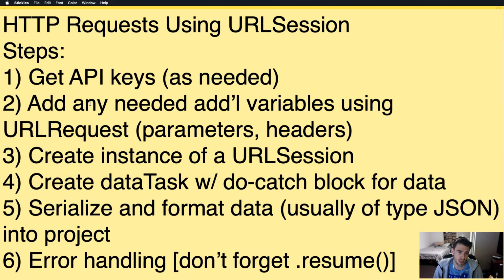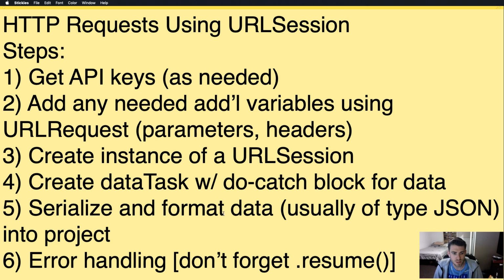And we're going to add any needed additional variables using URLRequest, like parameters, headers. We'll see how to do that later. Create an instance of URLSession, which is just a let constant. Create a dataTask with the do-catch block to handle the data. Or if it's in the response format, usually the documentation will tell you, but I'll show you how to handle that as well.